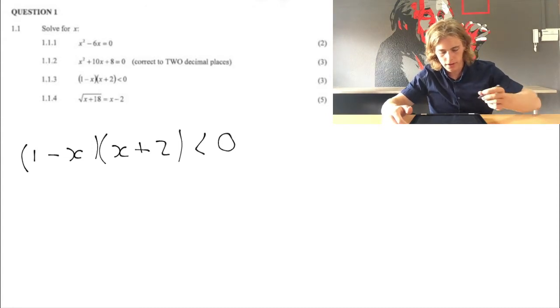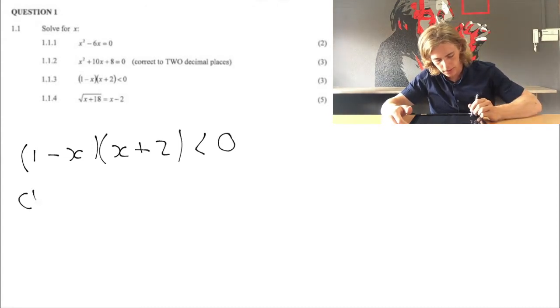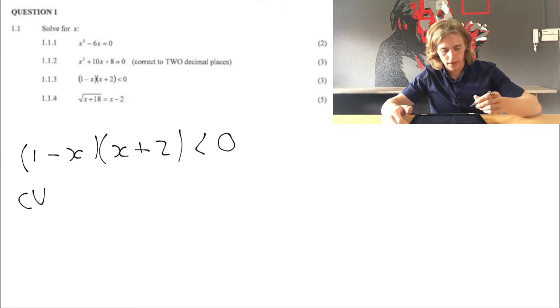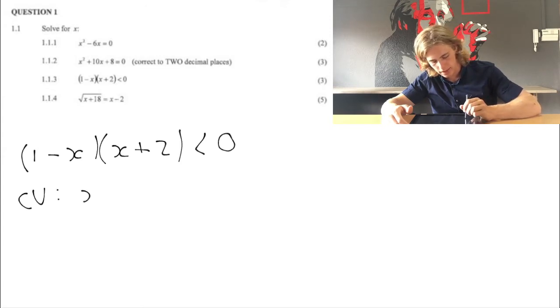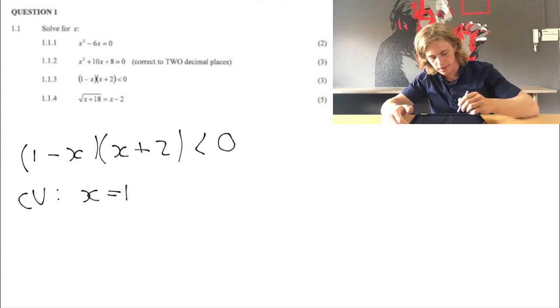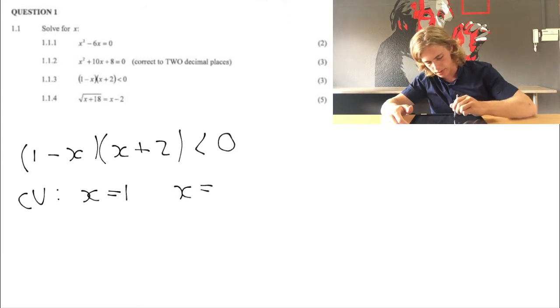So first we have to find our critical values, our CV. Our critical values are the values for each of these brackets that will make the brackets equal to 0. So our first CV is that x equals 1. Our second CV is that x equals negative 2.